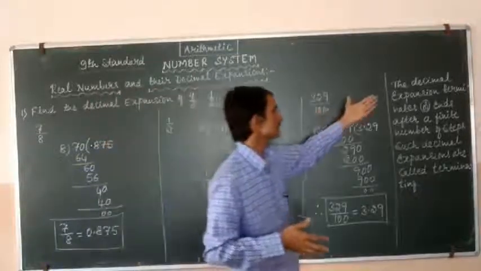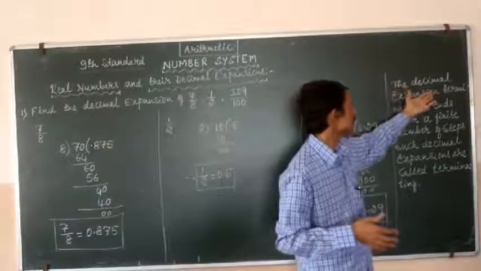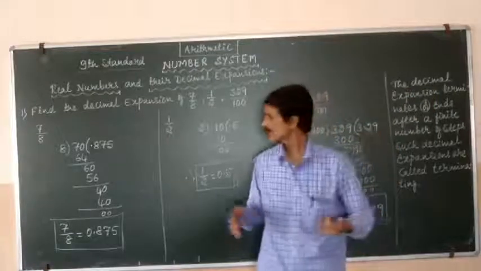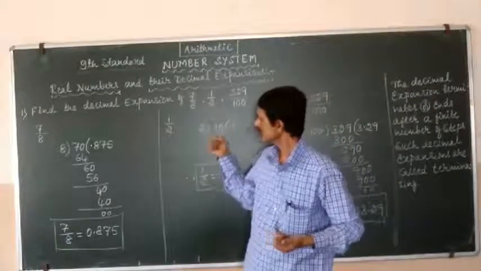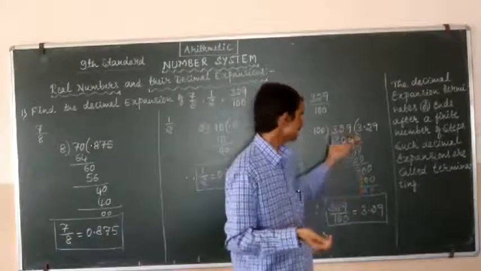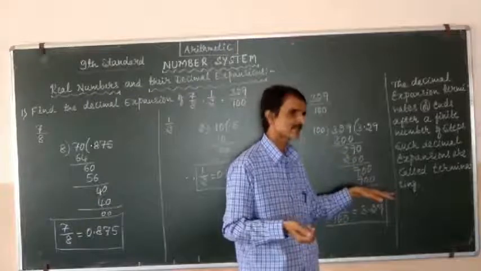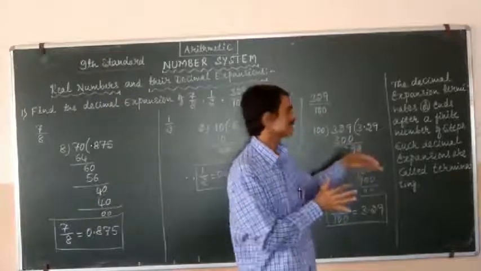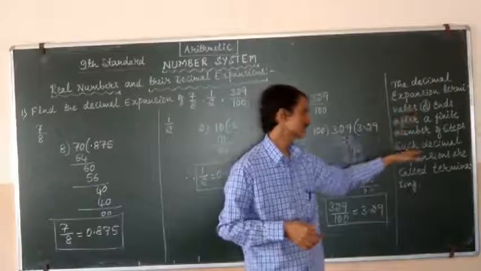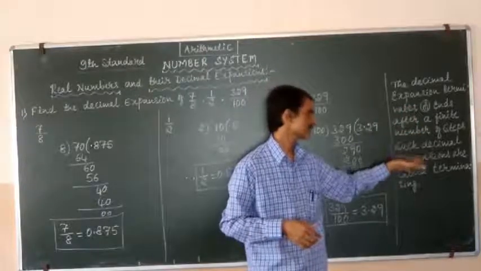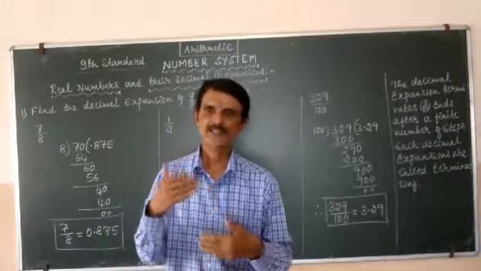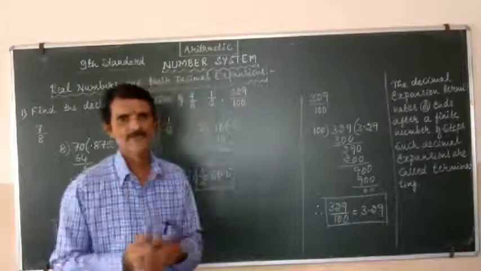So the decimal expansions we get, 3.29, 0.5, 0.875, end after some steps. After a finite number of steps, such decimal expansions are called terminating decimal expansions.